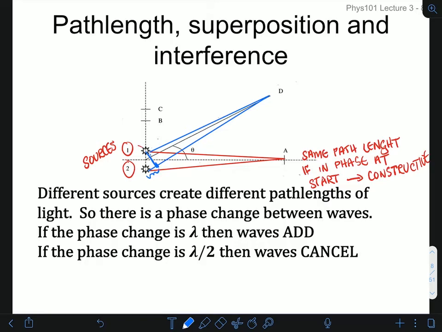Now, if that difference happens to be lambda, one wavelength, then these two waves will still be in phase. Even though there's a difference in path, it's going to be the same. But if there's a difference of lambda over 2, then that extra half lambda is going to make everything shift, and they're going to be out of phase, and we're going to have destructive interference.